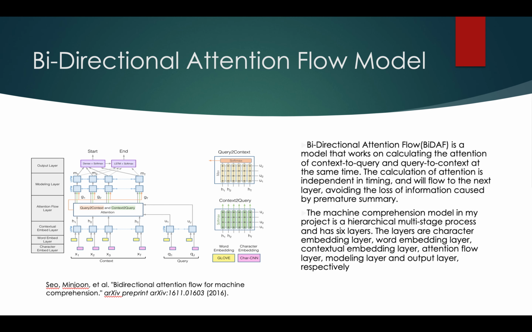The machine comprehension model in my project is a hierarchical multi-stage process and has 6 layers. The layers are character embedding layer, word embedding layer, contextual embedding layer, attention flow layer, modeling layer, and output layer. And you can see the 6 layers on the left of the slide. Then there's their architecture.